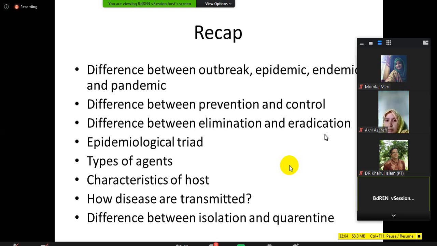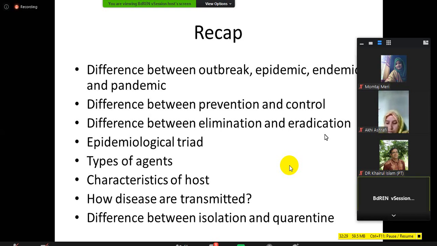Before an outbreak, there may be a situation where a certain proportion of people suffer from a disease, especially non-communicable disease. But in some instances, there may be some diseases which we can neither eliminate nor eradicate, so they appear every year.